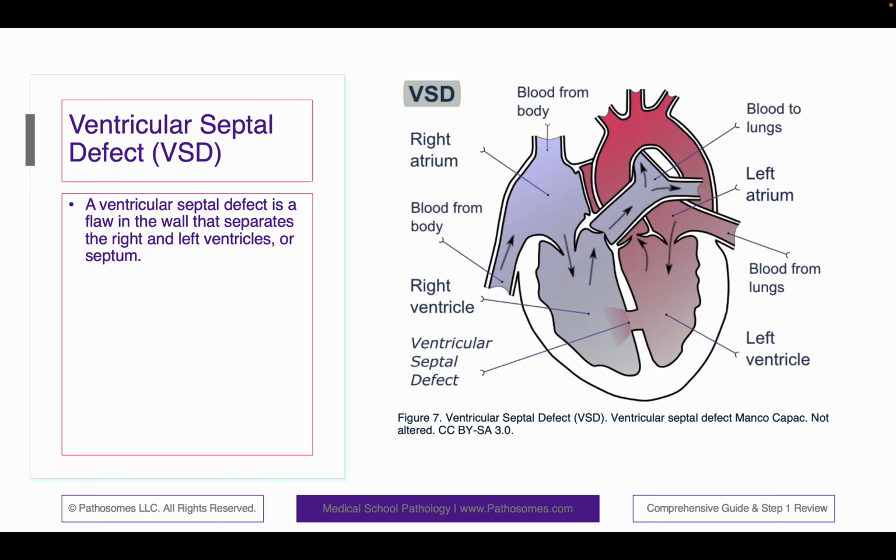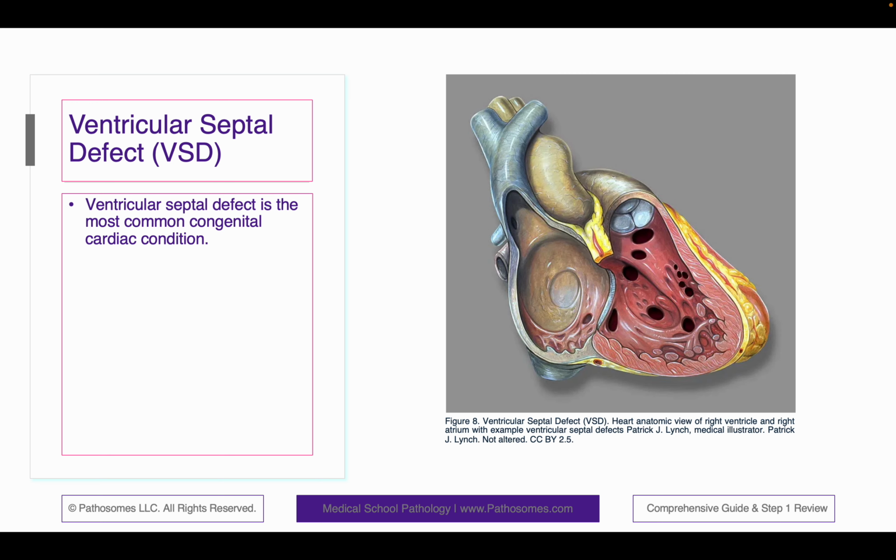And a particular congenital heart defect to be aware of is a ventricular septal defect. A ventricular septal defect is a flaw in the wall that separates the right and left ventricles, or septum. Ventricular septal defects are the most common congenital cardiac condition.